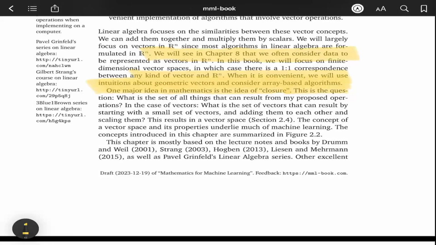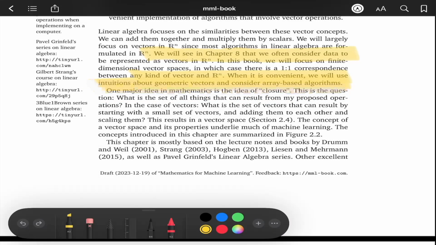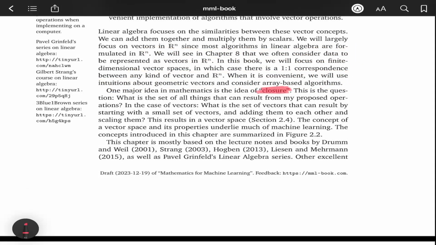This is the question: what is the set of all things that can result from my proposed operations? Okay, I didn't get the last one. One major idea in mathematics is the idea of closure. Okay, what is a closure? This is the question: what is a set of all things that can result from my proposed operations?